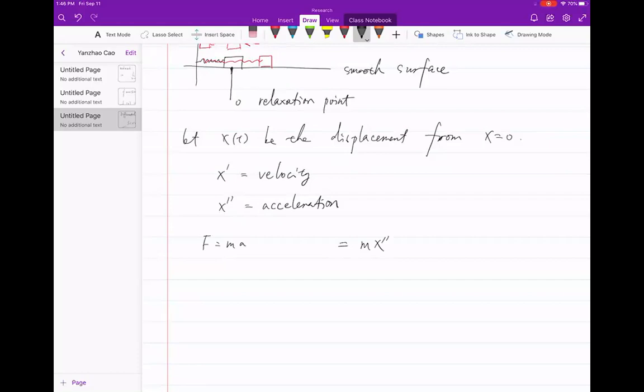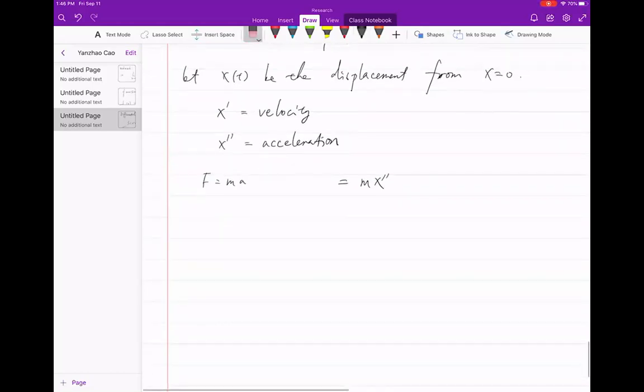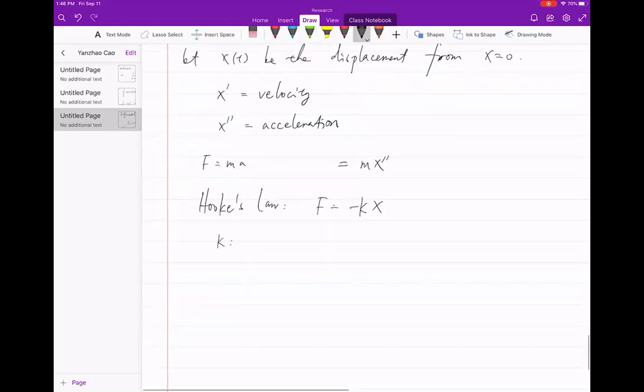Now, what is the force offered by a spring if you already know the displacement, or how much you stretch it? That's given by Hooke's law, which is F equals negative kx. Here k is the spring constant. It tells you the strength of the spring.